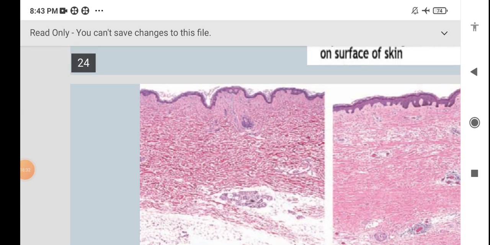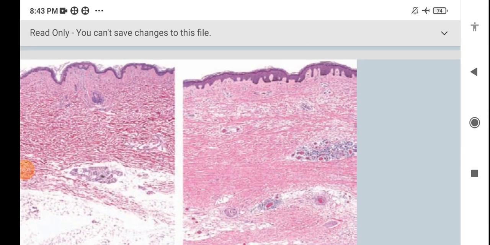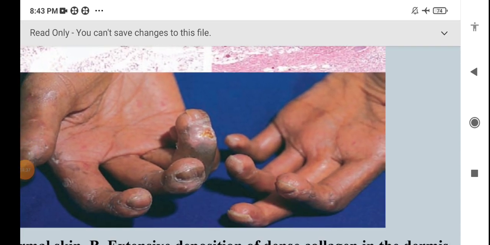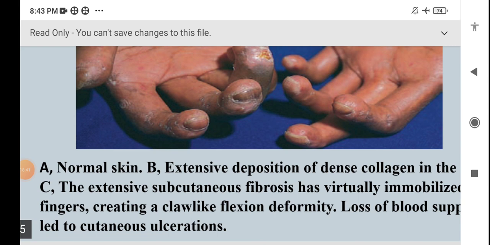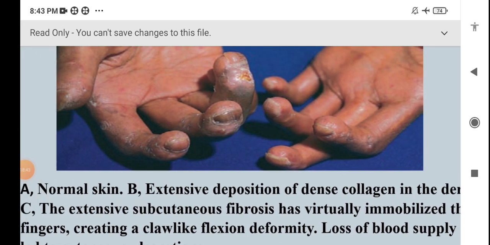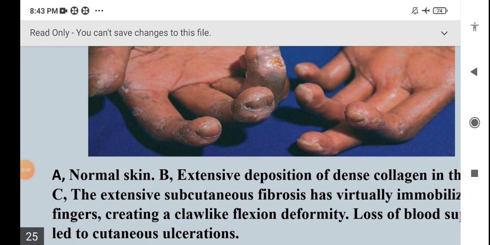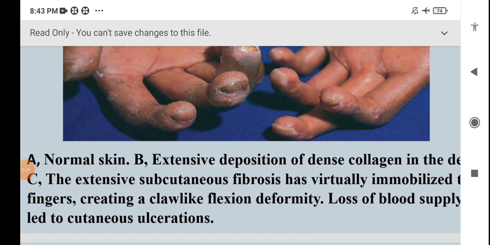So the microscopic pictures here. So this is the macroscopic picture here, extensive deposition of dense collagen in the dermis, the extensive subcutaneous fibrosis, virtually immobilized, moving the fingers, creating a claw-like flexion deformity.